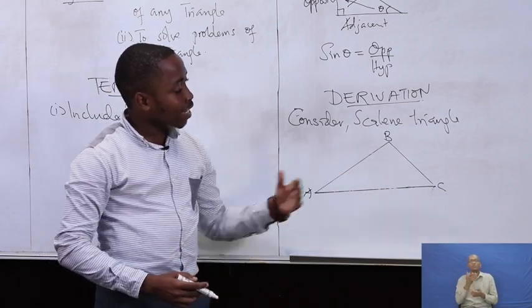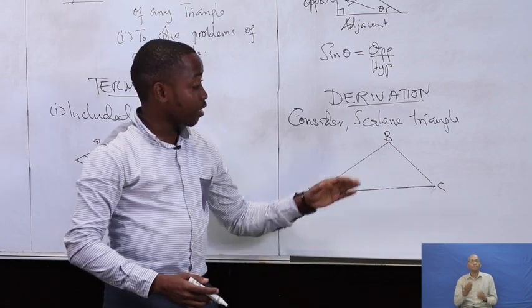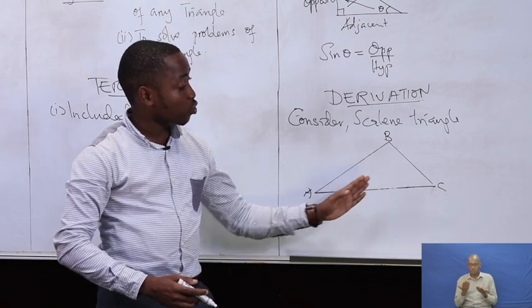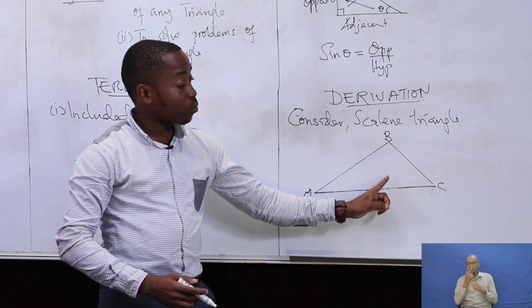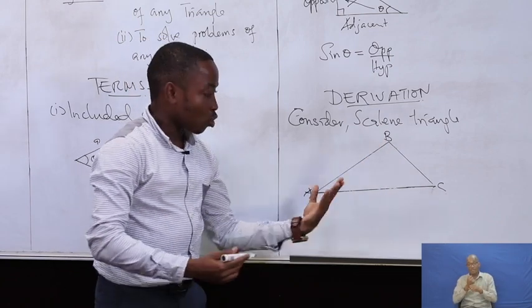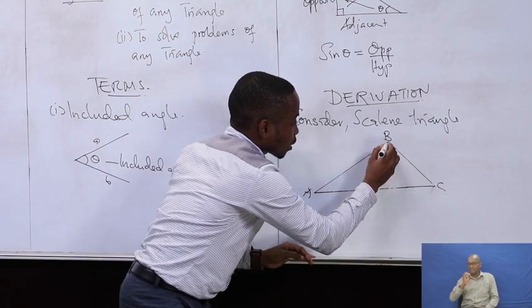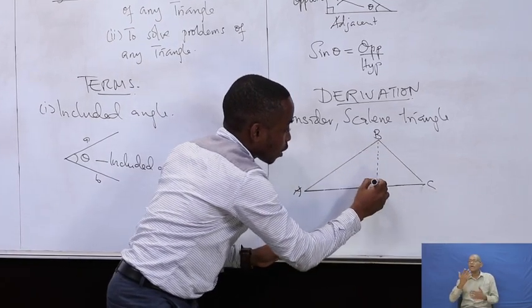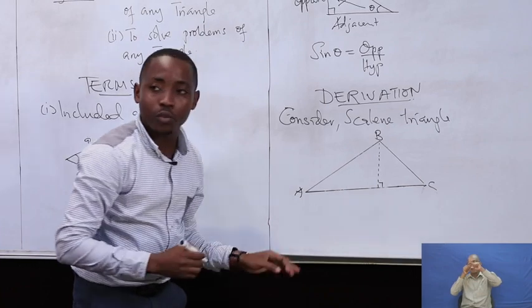We have to construct another line in this scalene triangle, which is going to form 90 degrees with this base. So how can we do it? We construct a line from this point to here. Here we get 90 degrees.